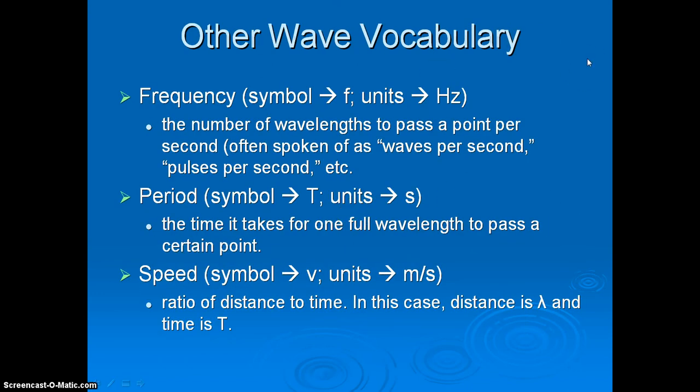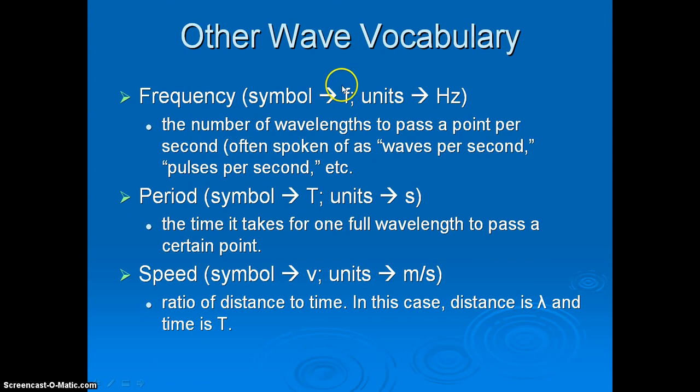Okay? Here's just a few other wave vocabulary terms. Frequency. When we're talking about frequency, we're talking about how frequently a wave passes a point per second. Oftentimes we think of it as waves per second, pulses per second, beats per second, something per second when we're talking about how frequently something is happening.